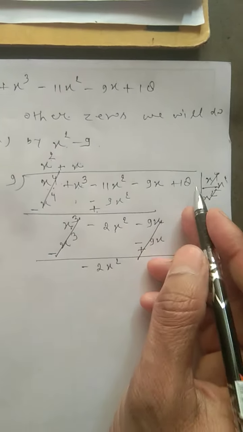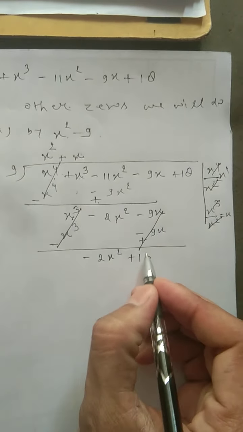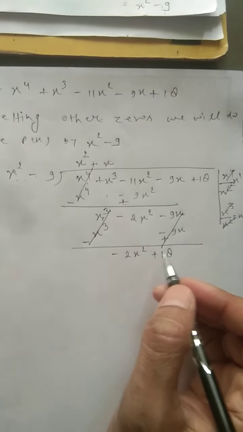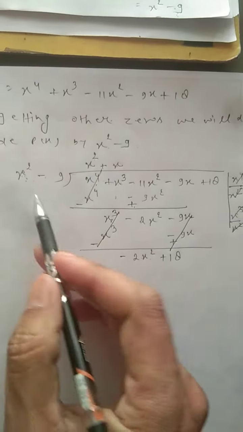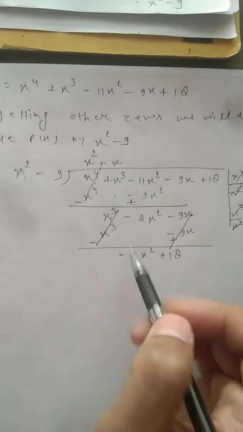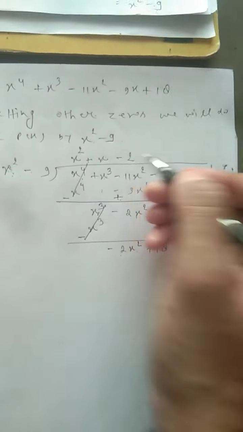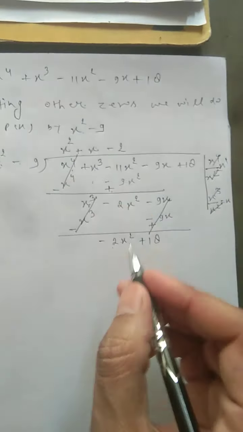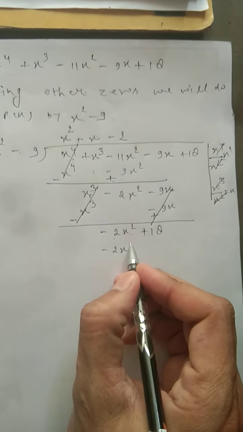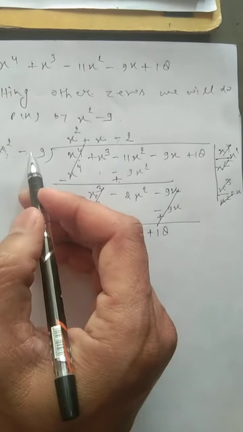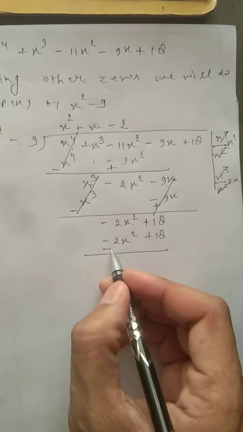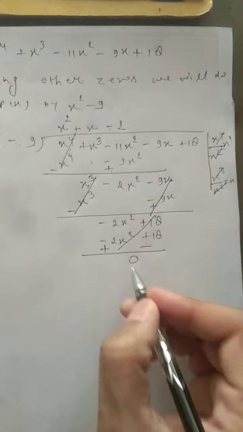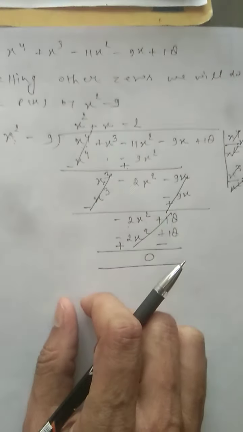Now what is left? Plus 18. We will copy it. Same thing, first term divided by first term, x square cancels, we get minus 2. So minus 2 into x square is minus 2x square, and minus 2 into minus 9 is plus 18. Sign will change, cancel. I got remainder 0.